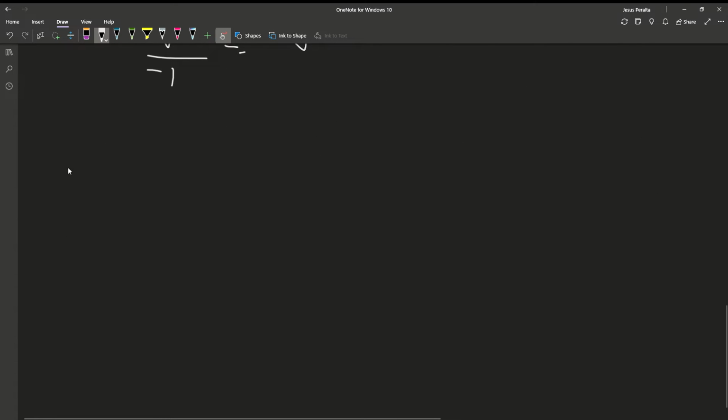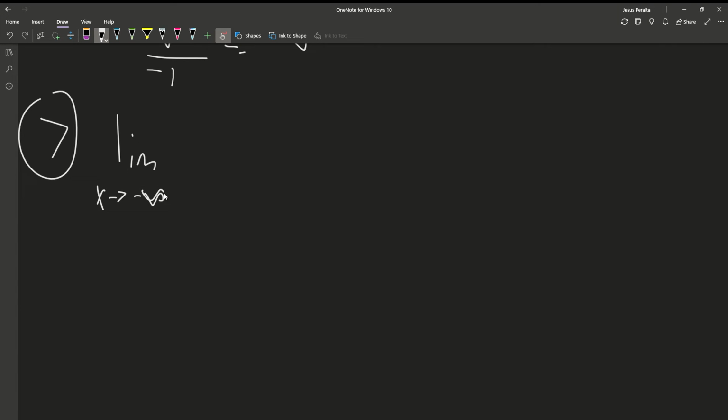So on to number 7, we have the limit as x approaches negative infinity of square root of 4x squared plus 1 over 4x plus 1.